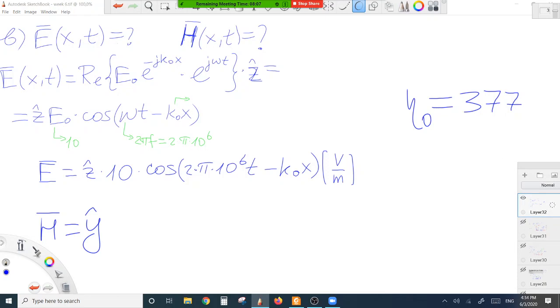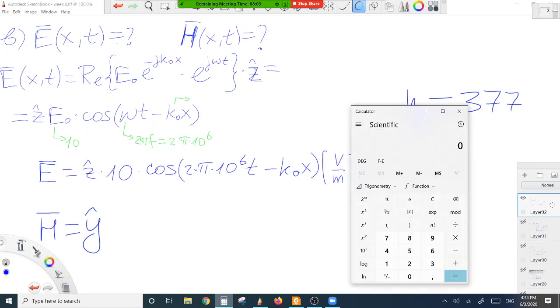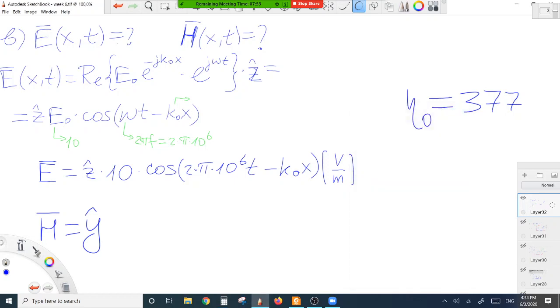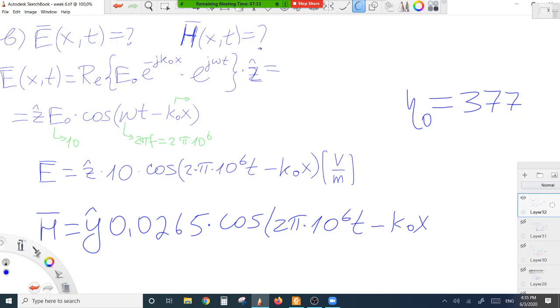So H is 10 divided by 377. Okay, 10 divided by 377 is 0.0265. 0.0265 multiplied, the rest is the same, cosine of 2 pi 10 to the 6 t minus k0 x ampere per meter.